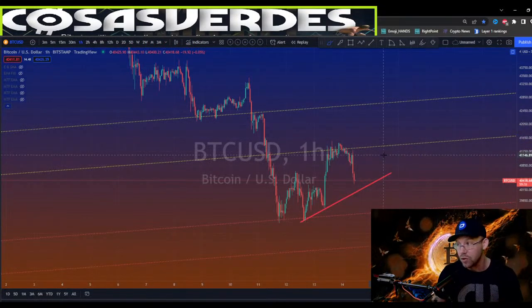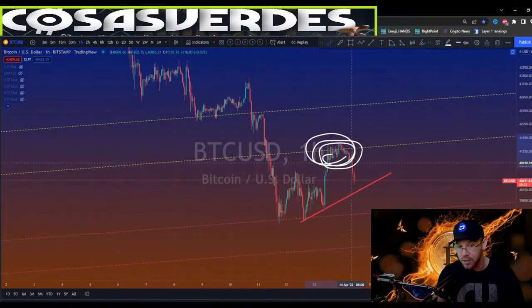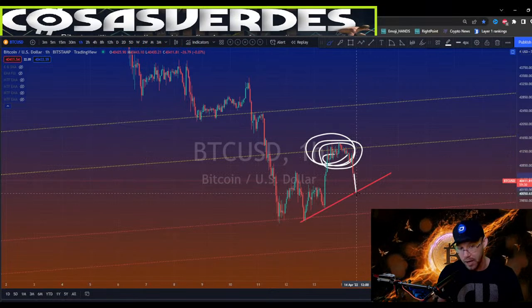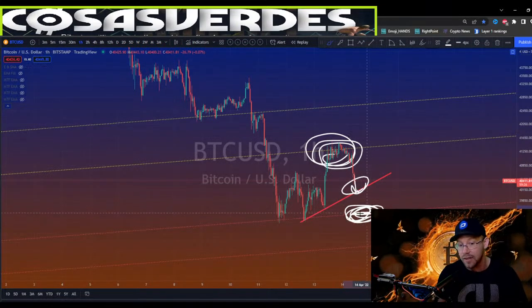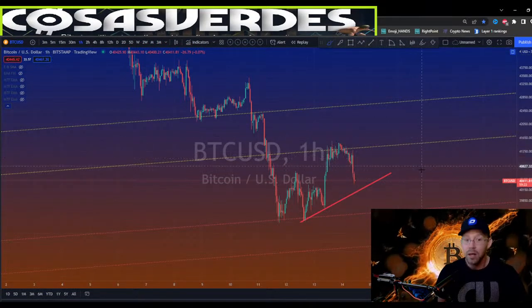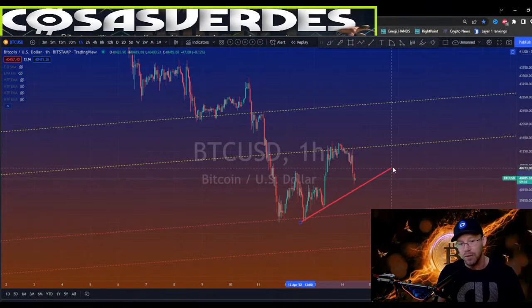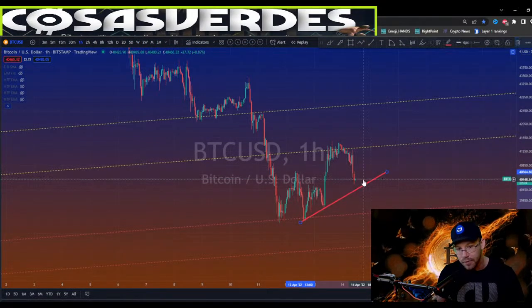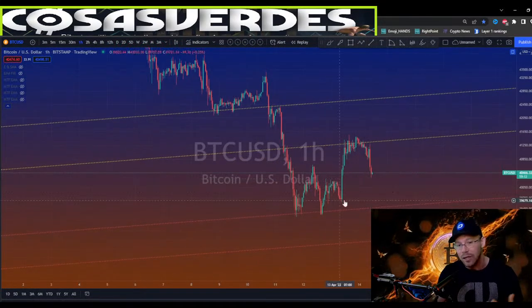However, the statistical chance of that happening is lower because you got rejected from this. Therefore, the prospects of a higher low are a lot less. It's more statistically likely that it comes down to 39.5 before it tries it all over again. If I'm trading short-term time frames, I would probably put some trend line here, and look for a potential bounce, knowing that it's statistically a little less likely than coming down.